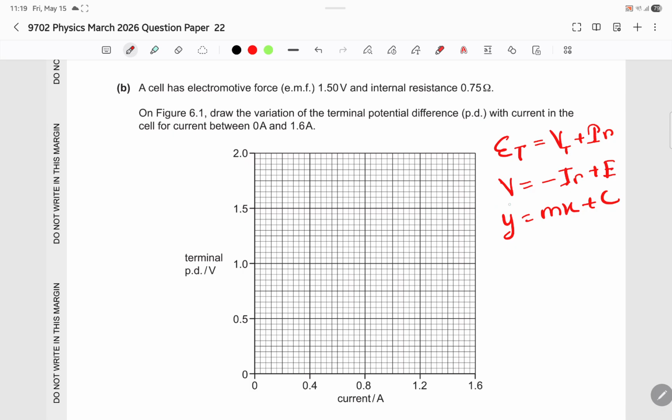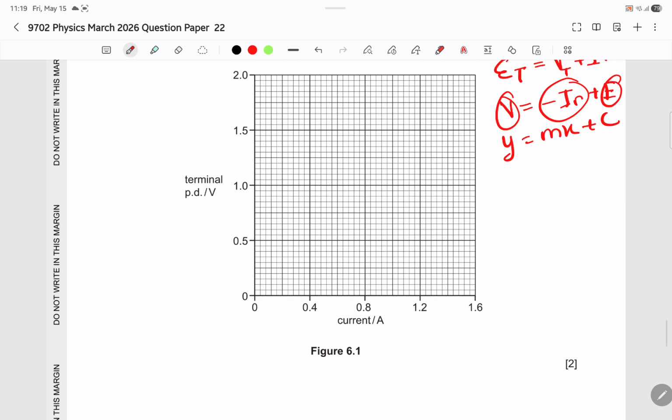So y here is V, the gradient is minus the internal resistance, and c is the EMF.